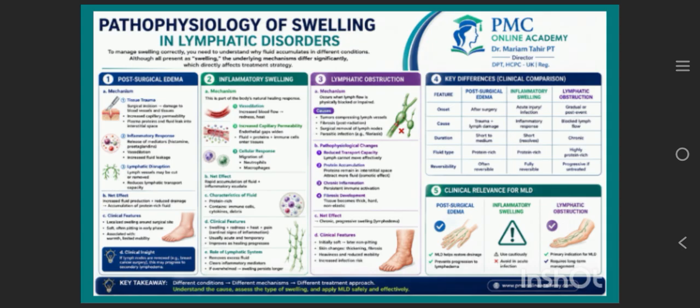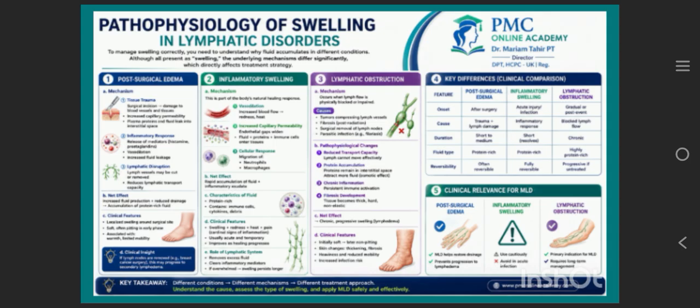Next we will look at the clinical features of post-surgical edema. First is localized swelling around surgical sites. Second, it is soft, often pitting in the early phase. Third, it is associated with pain, warmth and limited mobility.